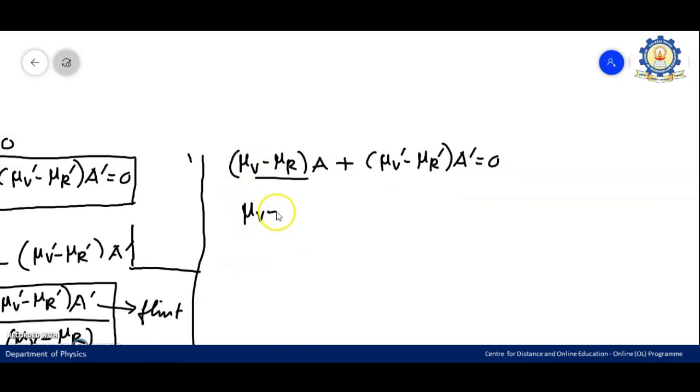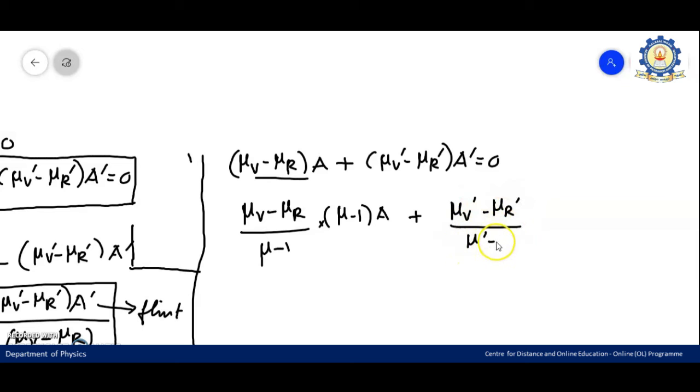So (mu v minus mu r) by (mu minus 1) into (mu minus 1) into A. Okay, similarly the same thing is repeated for (mu v prime minus mu r prime) divided by (mu prime minus 1) into (mu prime minus 1) into A prime, which is equal to 0.